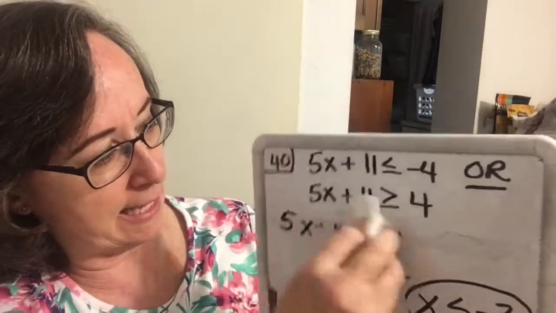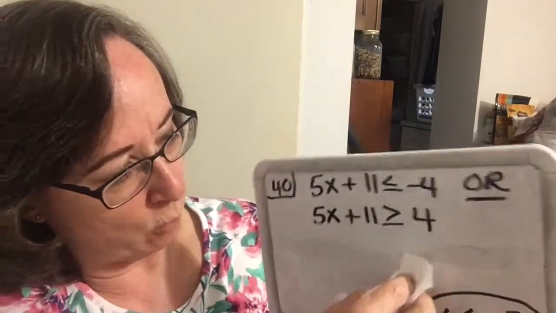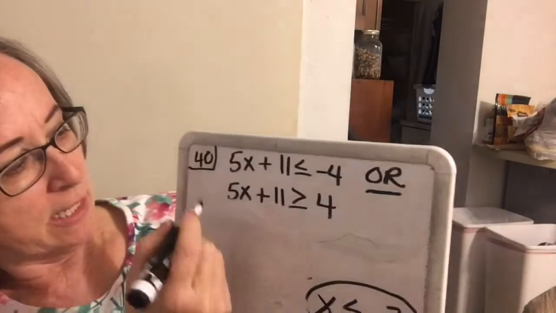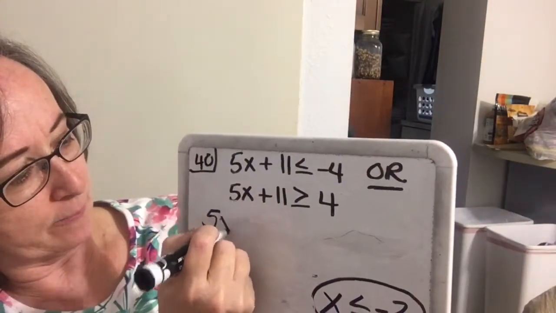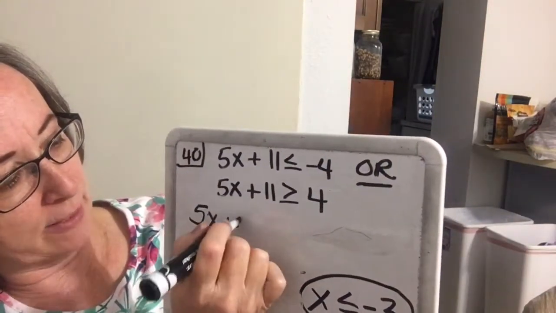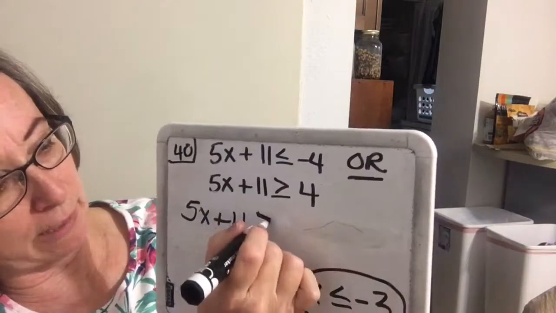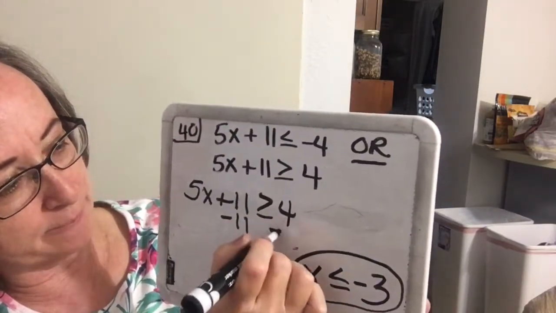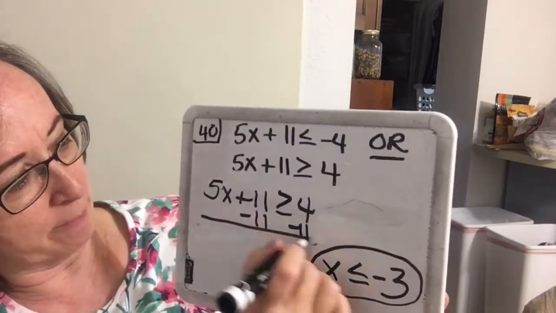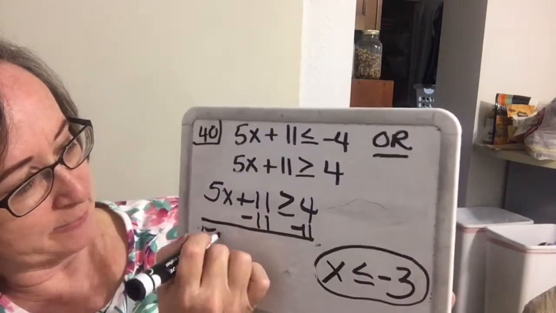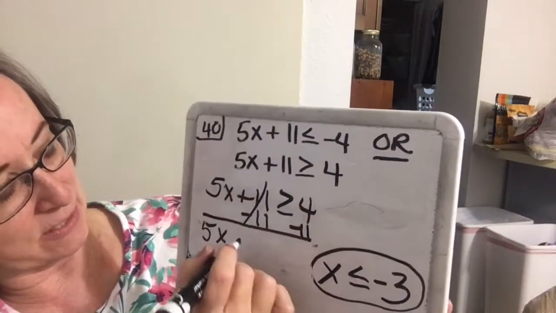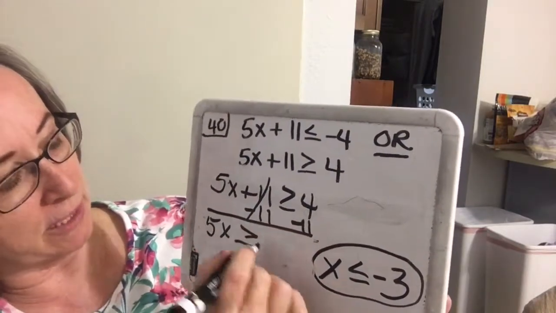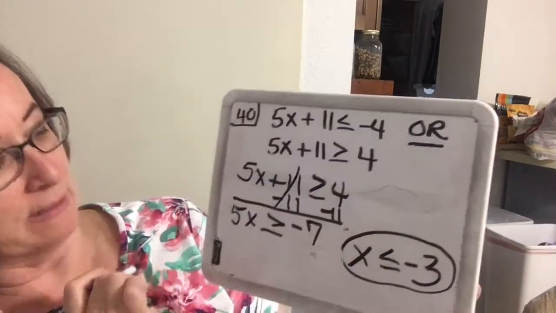and see what its boundaries are going to be. So we have 5x plus 11 is greater than or equal to 4. So I'm going to subtract the 11 again, and I'm going to wind up with 5x, this cancels, is greater than or equal to a -7.